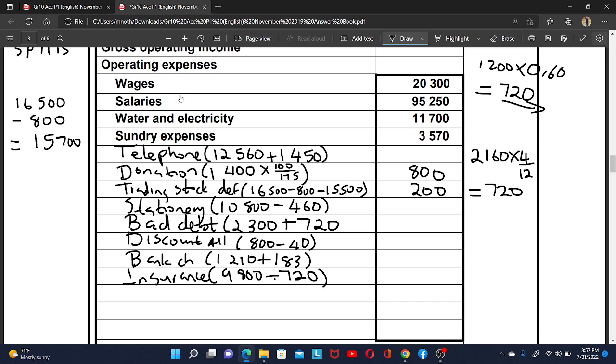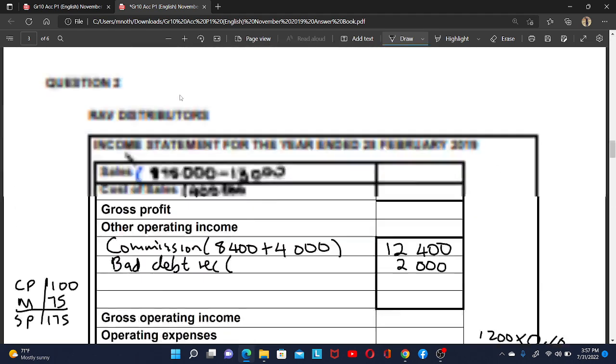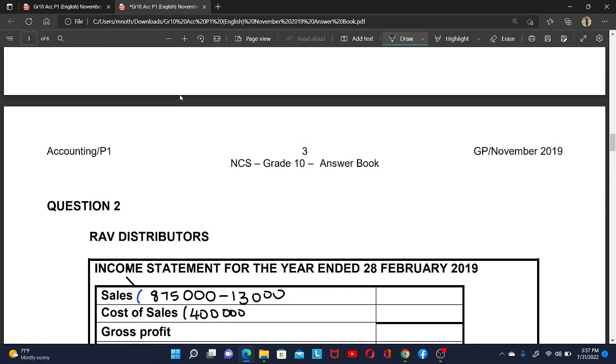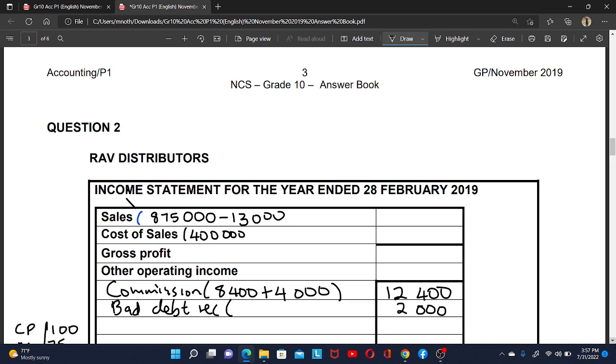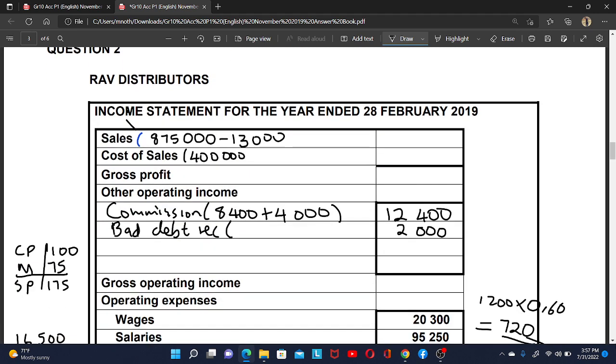So let's go and check how much is the rent. Check our rent. The rent is 37,100 in a trial balance. So we have a 400 rand times.